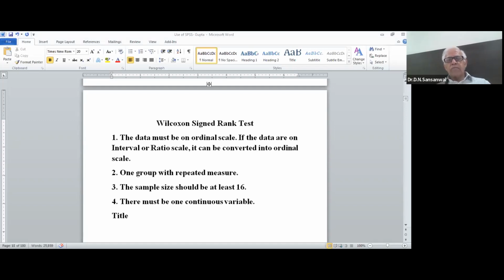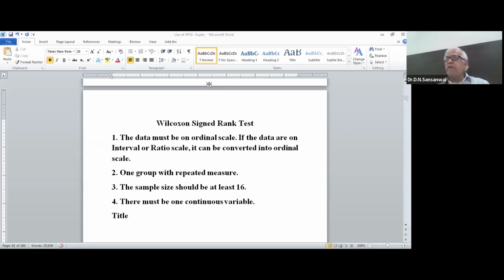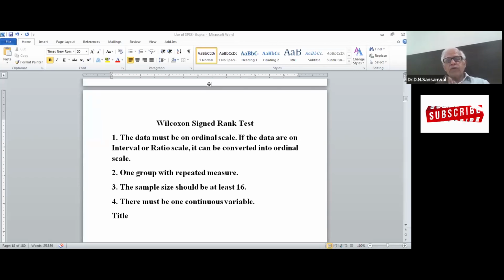Rupvati, marks is not a variable. I asked you the variable name. Income is the variable name. Achievement is the variable name. Or monthly income is the variable name. Or yearly income is the variable name. Marks is not the variable name. Marks are the scores. I asked you the variable. So tell me the name of the variable.